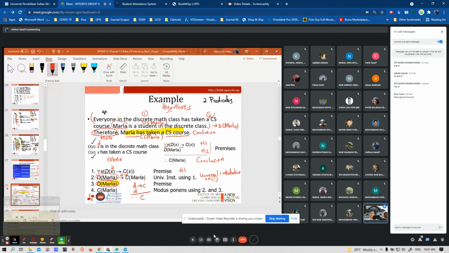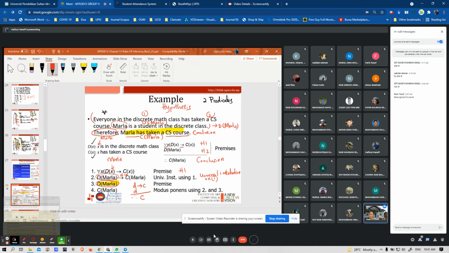For example, here we have: everyone in the discrete math class has taken computer science courses. Marla is a student in the discrete math class, D(Marla). Therefore, Marla has taken computer science courses as a conclusion. We can instantiate using the universal instantiation for H1, and then we take the premise for H2, D(Marla).